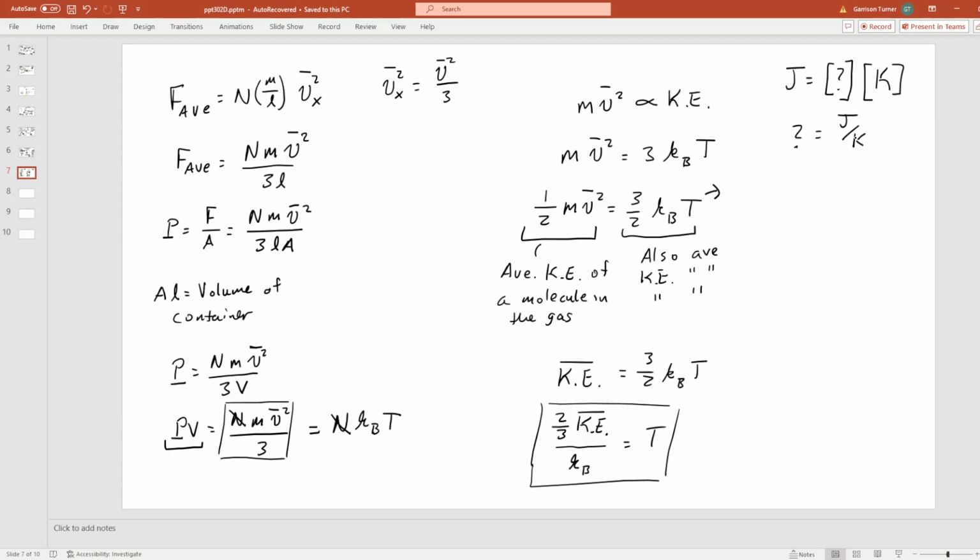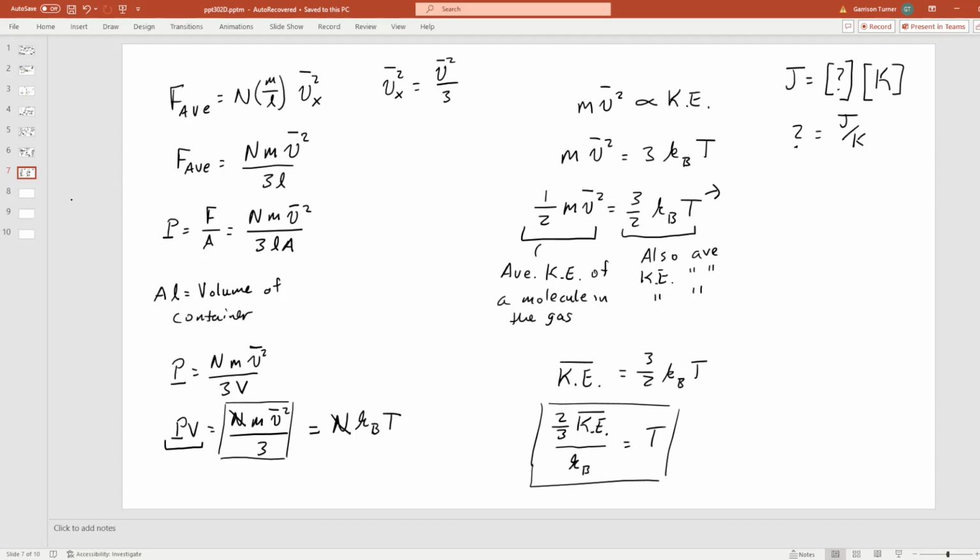We also will make a second kind of insight here. And that insight is that we're going to define a new kind of energy.